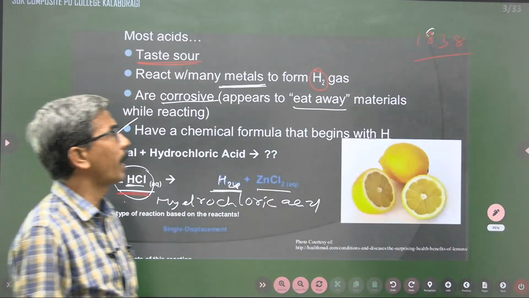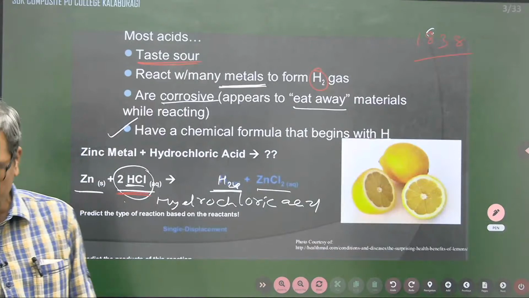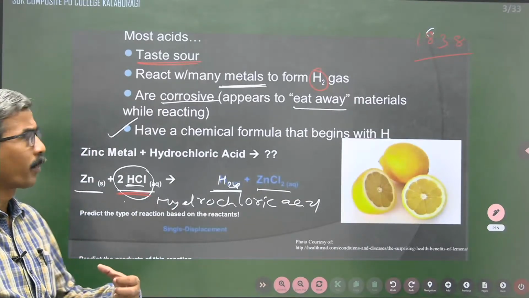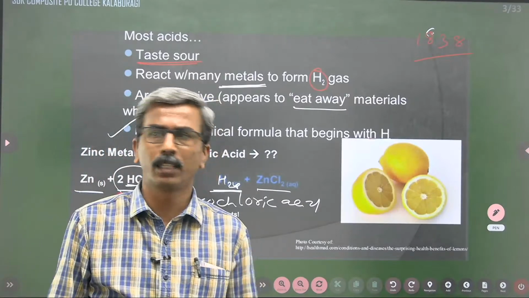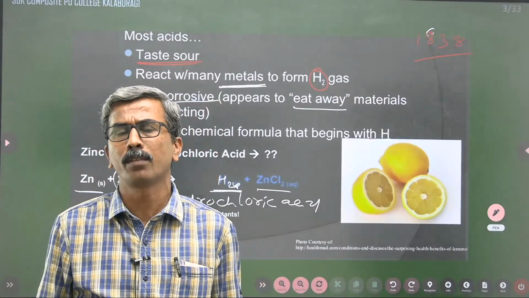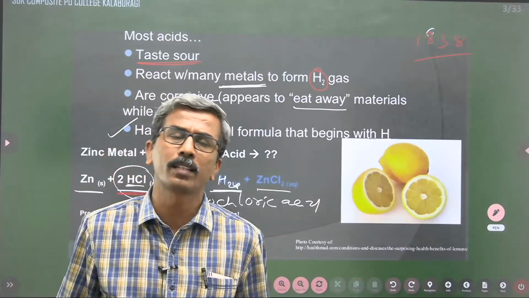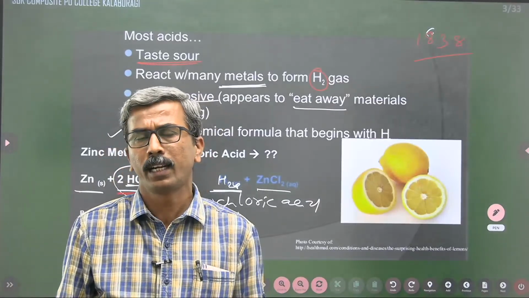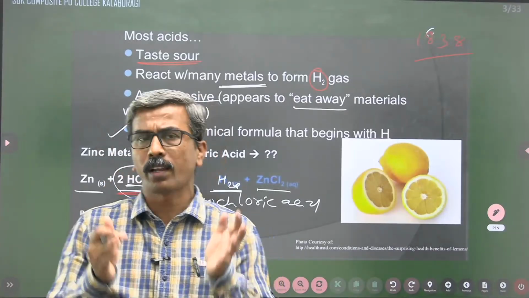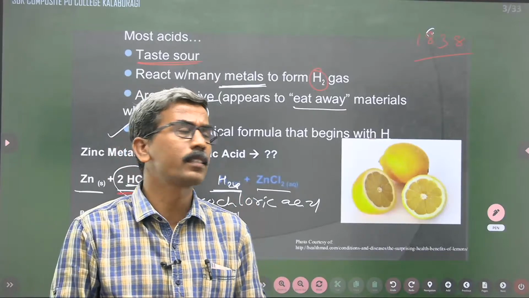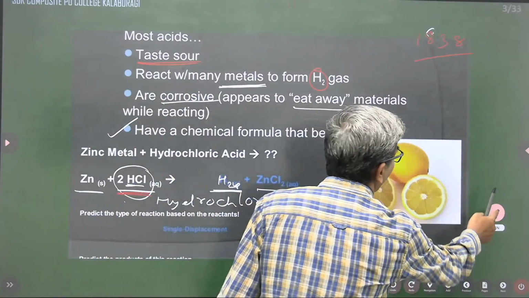According to him, acids are the substances which, when made to react with metal, produce hydrogen gas. This is the definition given by the scientist called Liebig in the year 1838.